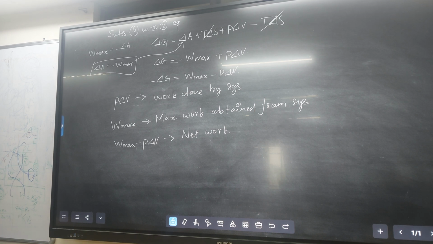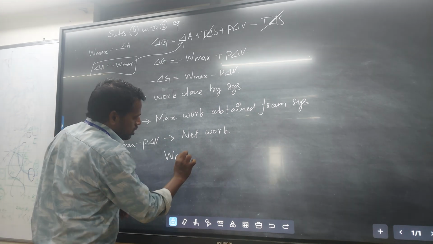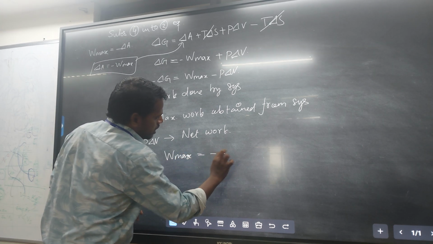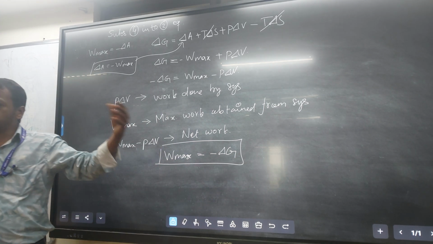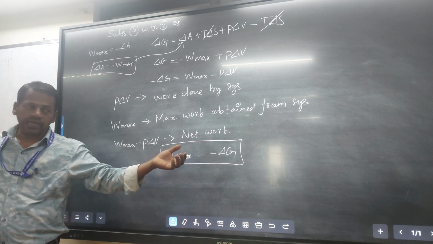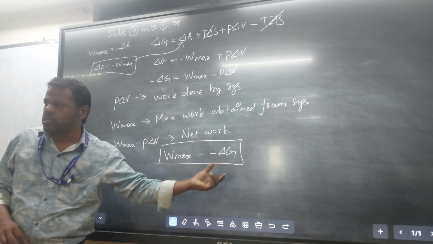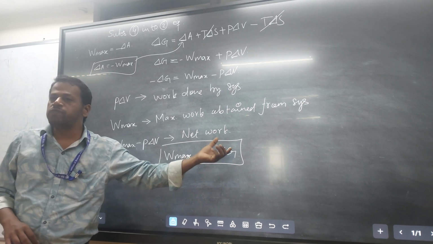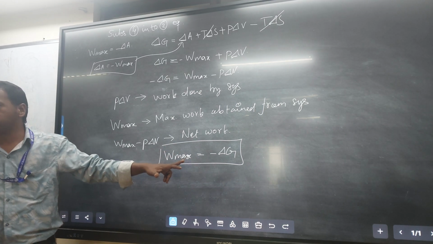So W max equal to minus delta G. When you do the work at constant pressure, you get the maximum work obtained from the system. W max equal to minus delta G, which means if the free energy of the system is negative or decreasing, we get the maximum work from the system.